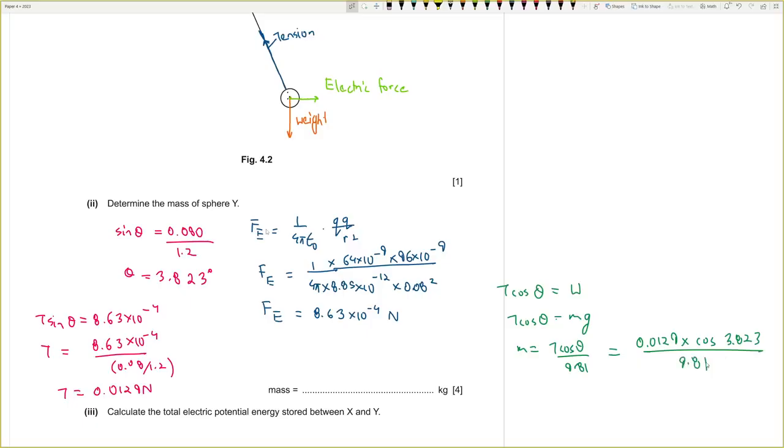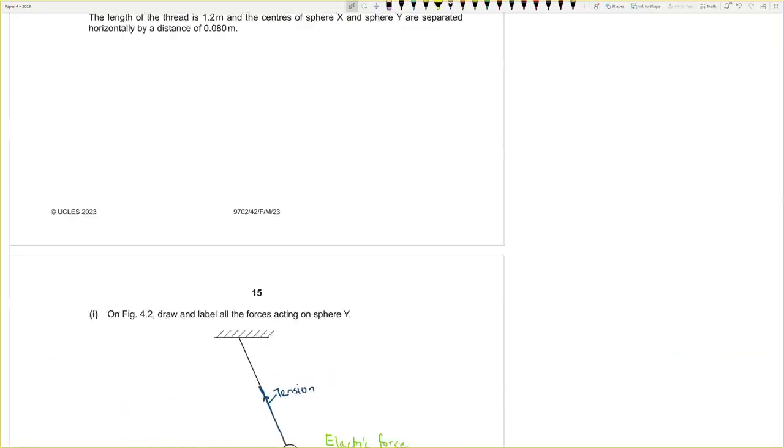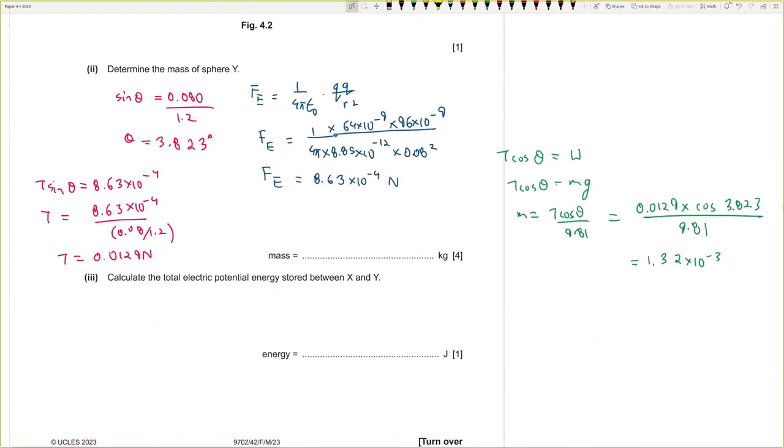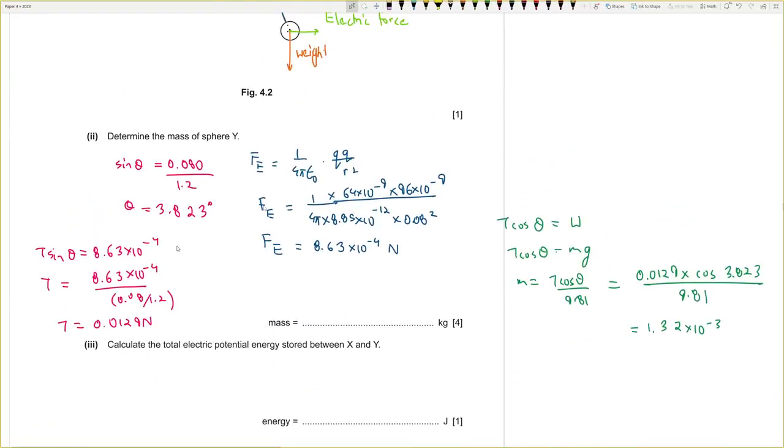Let's do this. So we get this value, 1.32 times 10 to the power minus 3. Since my data is given to 2 SF, I'm going to opt for the 2 SF answer, which is 1.3 times 10 to the power minus 3 kg, or 0.0013. Is that fine?